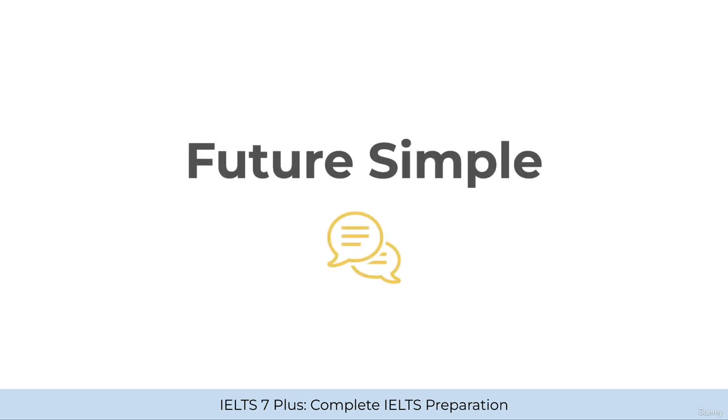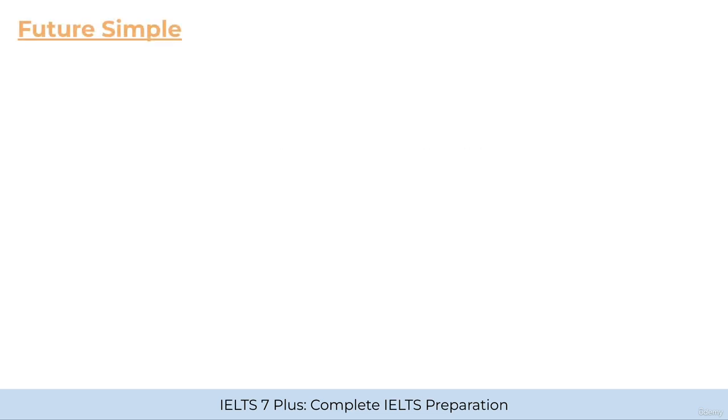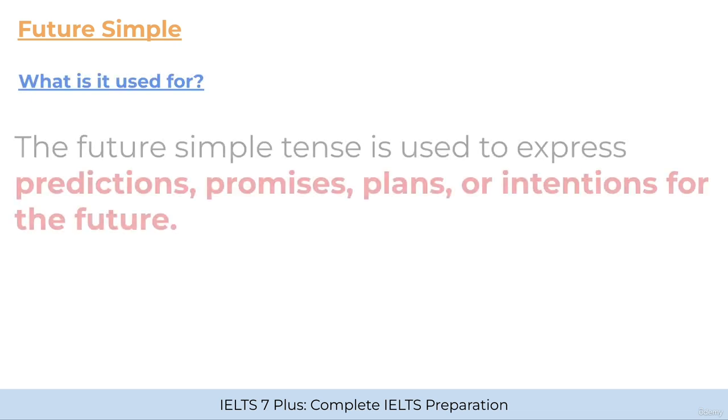All right, let's kick things off with the future simple. What is the future simple used for? Well, it is used to express predictions, promises, plans, and intentions for the future, and we'll look at each one of these in more depth.